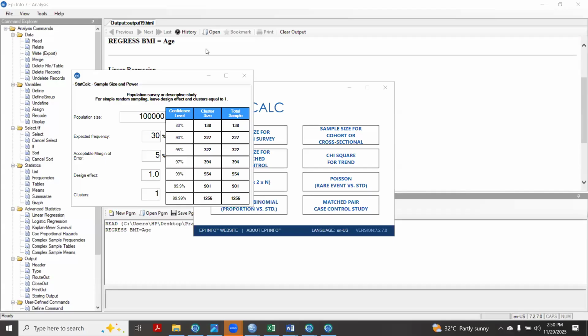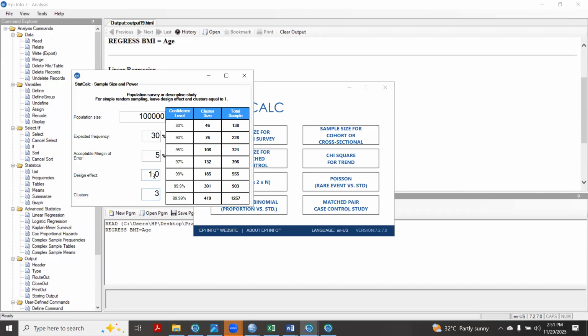And let's say you want to collect your data from 3 primary schools. So 3 primary schools will be like 3 clusters. All right. Now the design effect means whatever sample size you are going to be getting, do you want to multiply it by 2? It depends on you as the researcher.